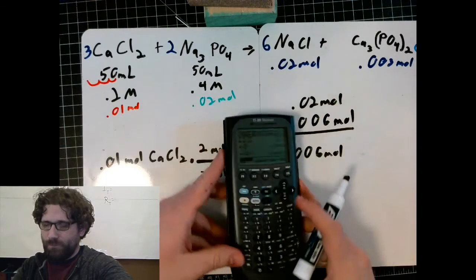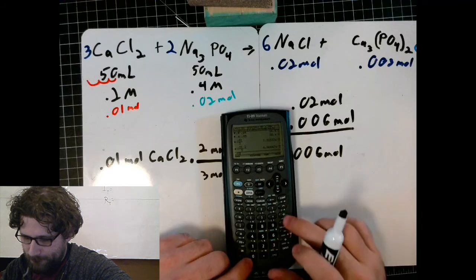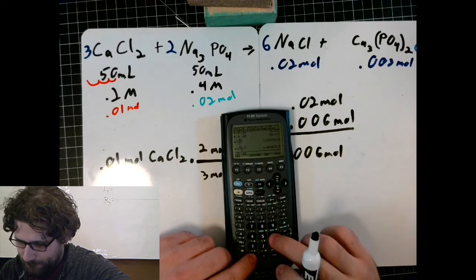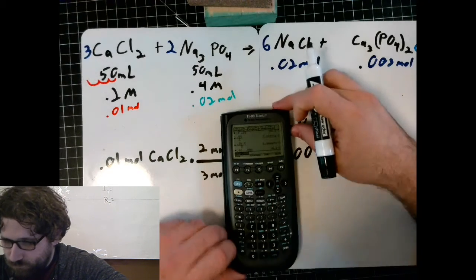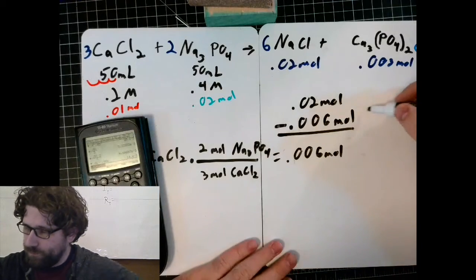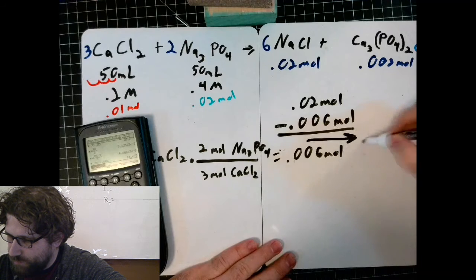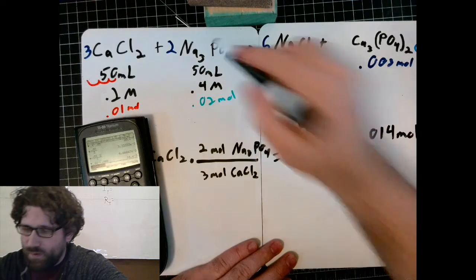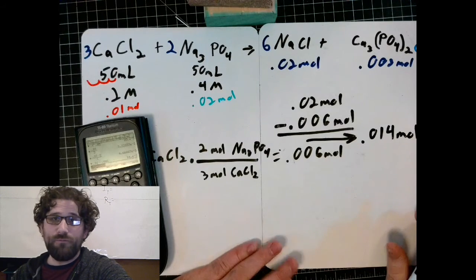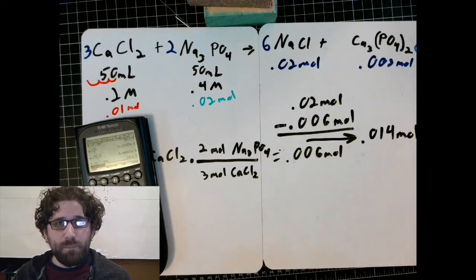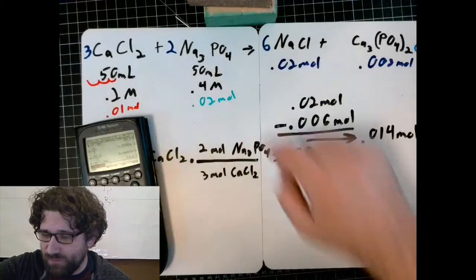What will that give me? 0.014. So I've got left over, let's put this over here, 0.014 moles of Na3PO4.